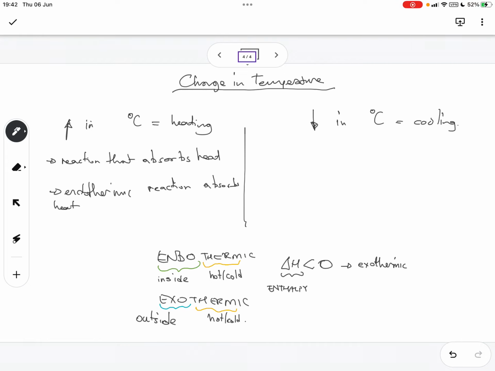When they react over time, heat is released.